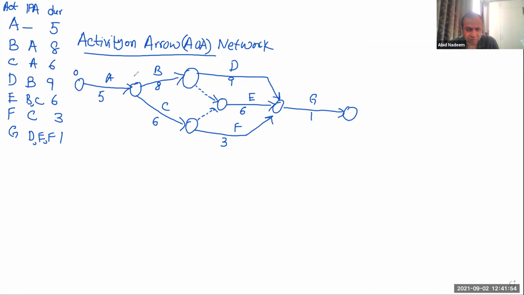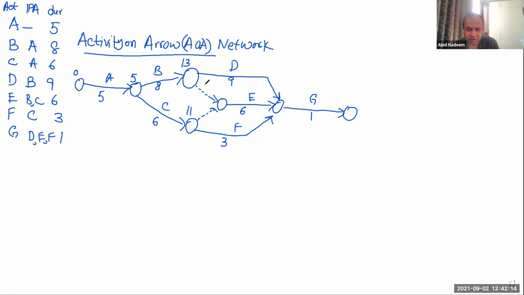So it will be 0, 0 plus 5, it will be 5. Then 5 plus 8, it will be 13. 5 plus 6, it will be 11. Remember that we are now calculating the event times, okay?